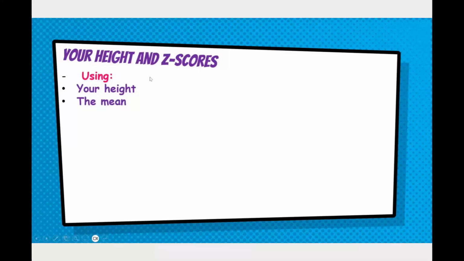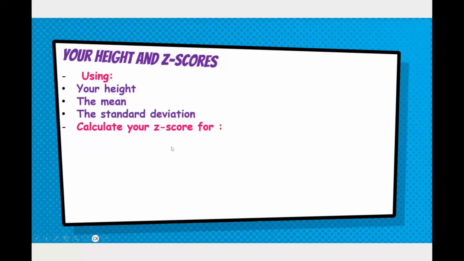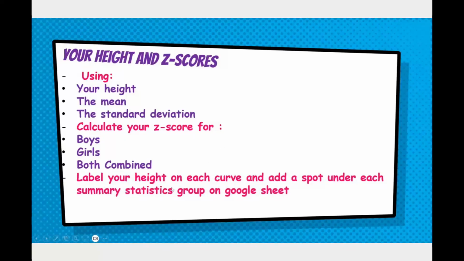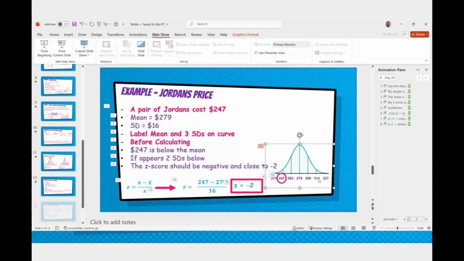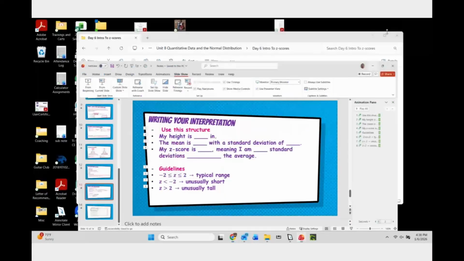I'm going to find my z-score compared to my sample. I'm going to use my height as the data value, the mean, and the standard deviation, and calculate my z-score for boys, girls, and both combined. I'm going to label my height on each curve and add it to the spot under the summary statistic group on the Google Sheet.